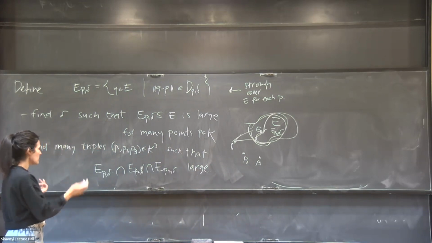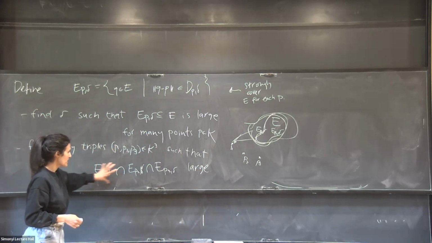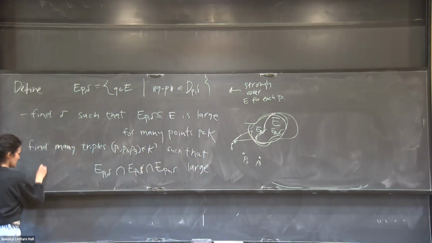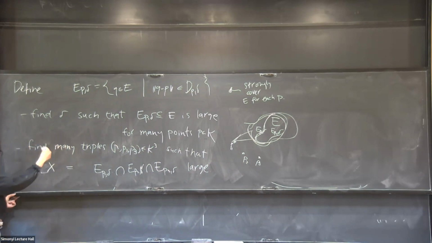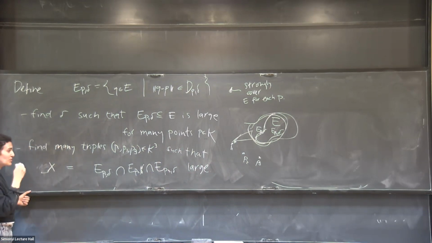And what do we know about it? So now we have one set. Let's call it X for a second, even though we want to change the triples, but let's fix for a second a triple P1, P2, P3.